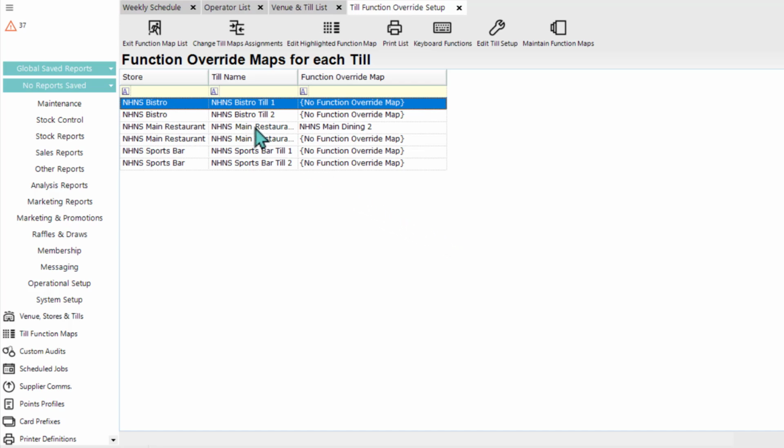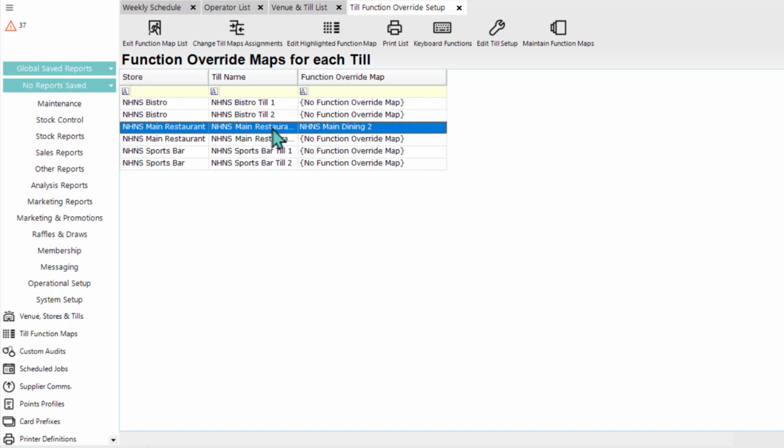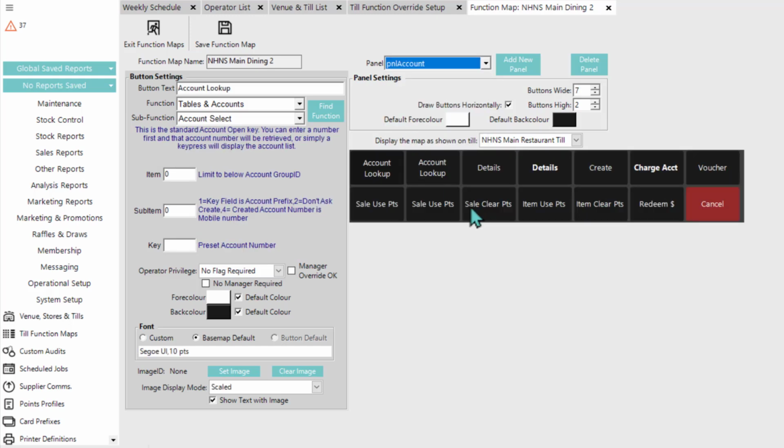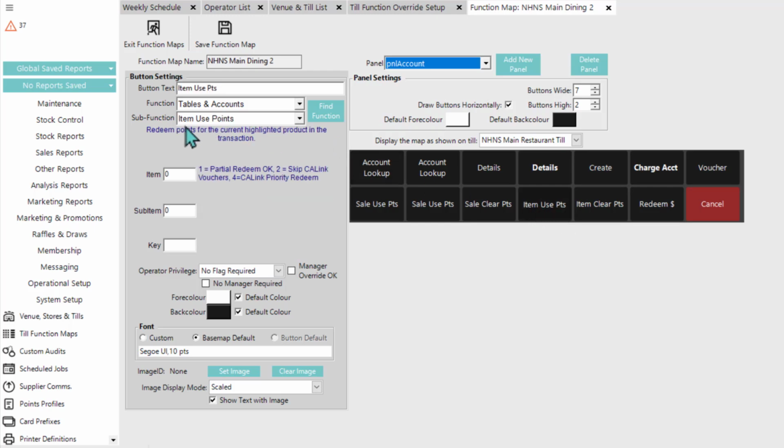But for me, on this main dining override map, I have an account panel that's got a group of a bunch of till functions assigned that can be used for redeeming points.